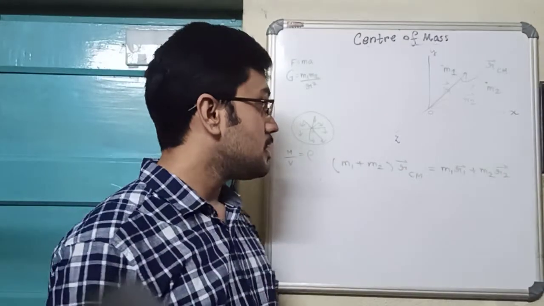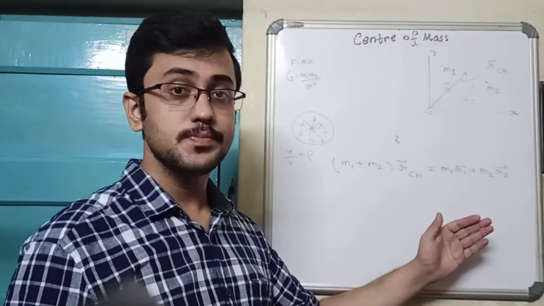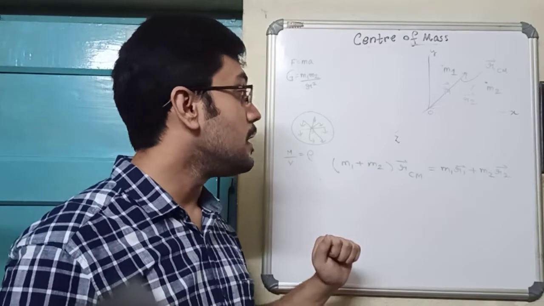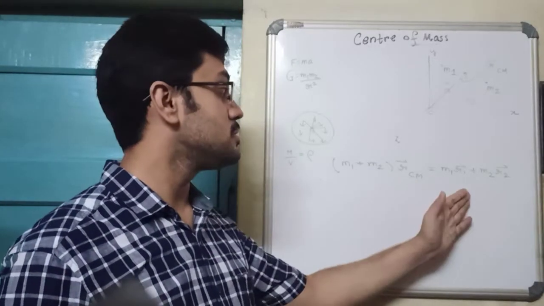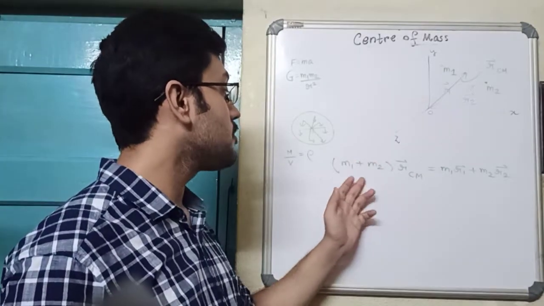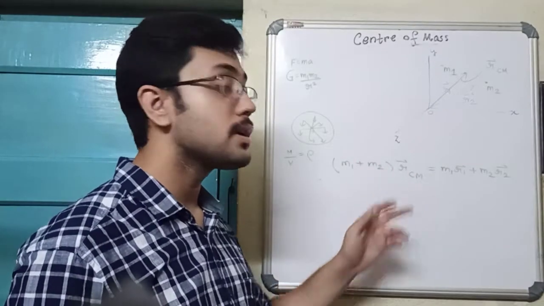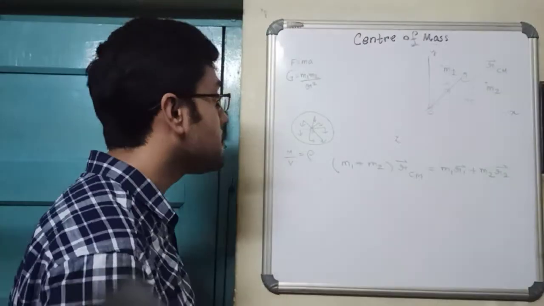So these are the individual moments, the individual masses multiplied with their respective position vectors, and on this side we have the total mass and the position vector of the center of mass.